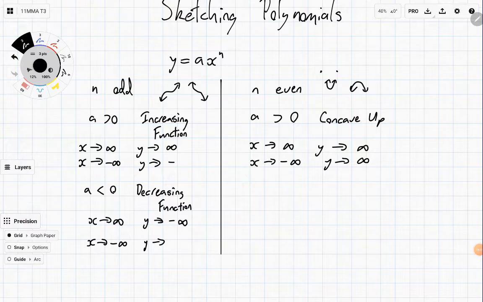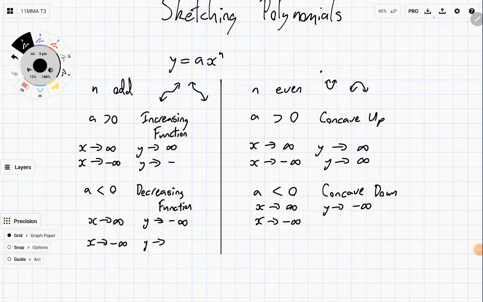Whereas when a is less than 0, we get concave down, which is the reverse. As x goes to infinity, y goes to negative infinity. As x goes to negative infinity, y still goes to negative infinity, because they agree.